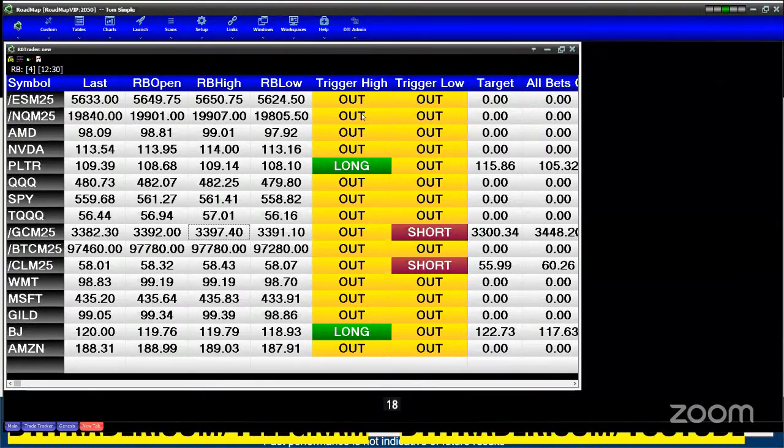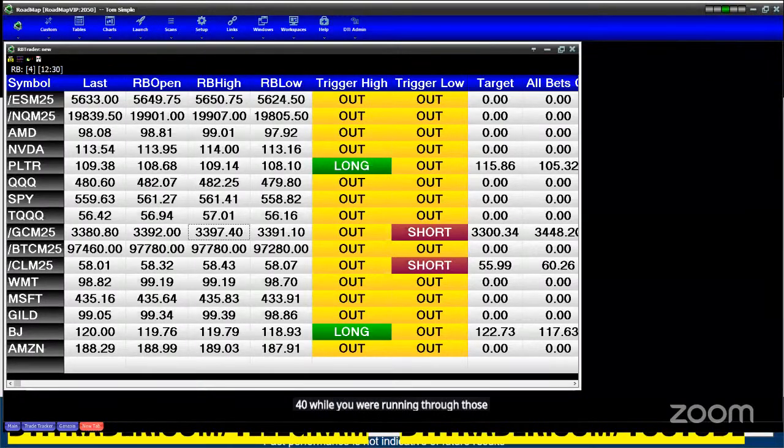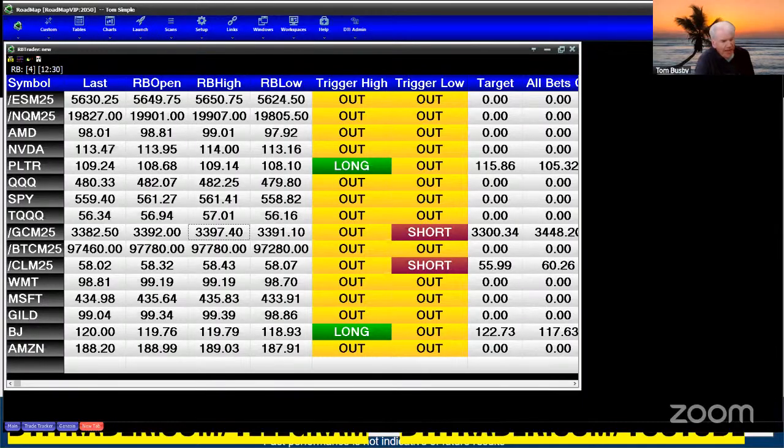189.55, and gold hit 84.40. It did, while you were running through those. It's now down to 80. All right, so it's 82 right now.